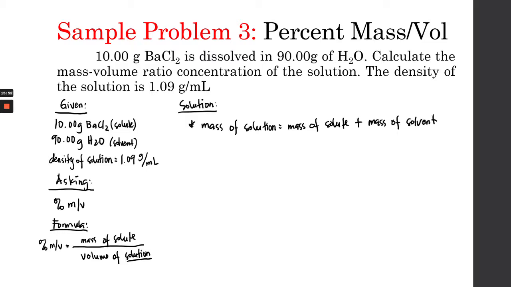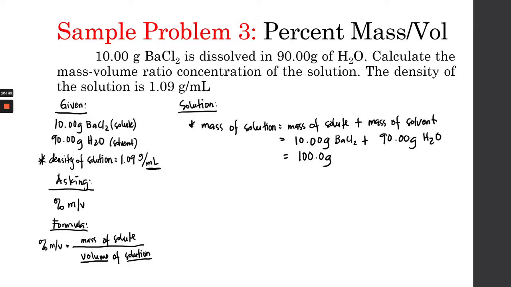So in order to get the mass of our solution, we can add these two numbers: 10 grams of BaCl2 plus 90 grams of H2O, and the mass of your solution is basically 100 grams. But again, what we need is volume, not mass.